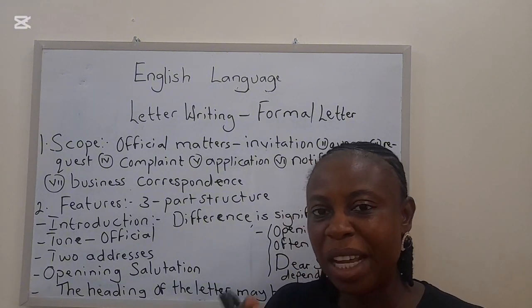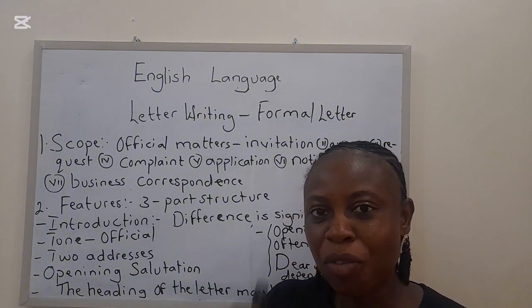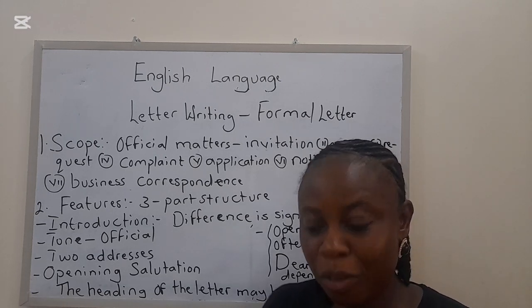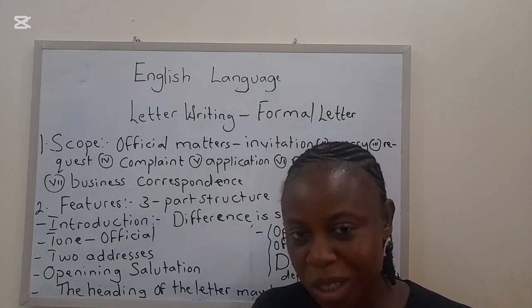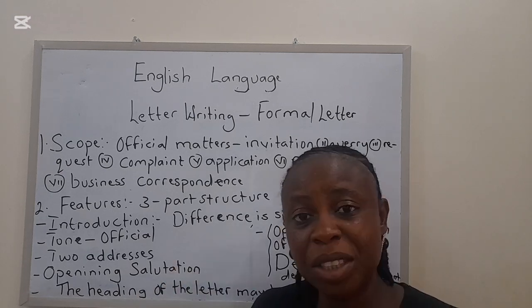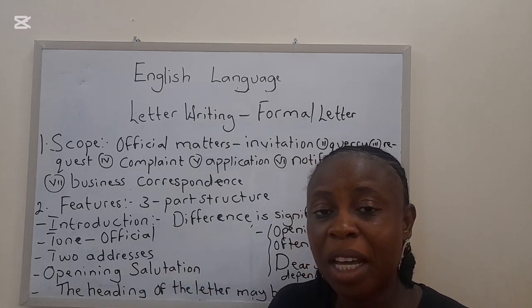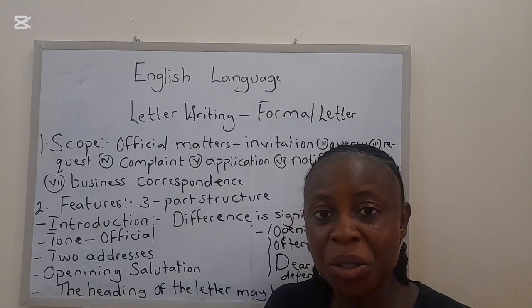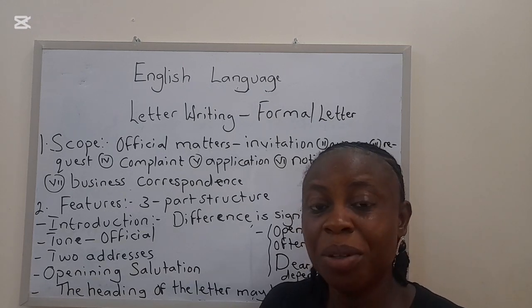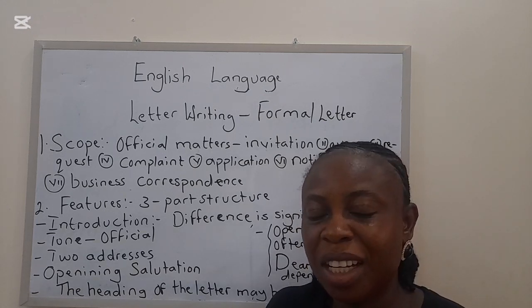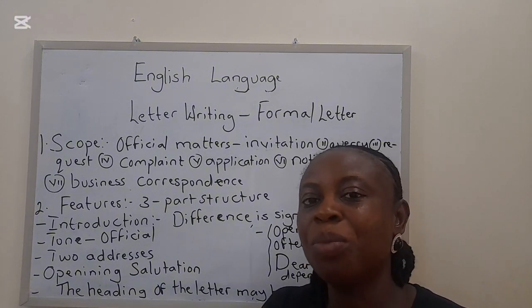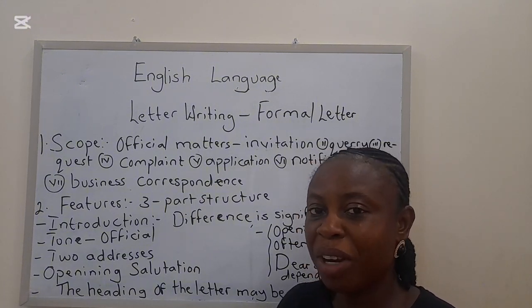How do you know the heading to write? It is from the question given to you in your question paper. If it's a letter written to your local government chairman, or a letter to the head of a corporate organization, or a letter to your governor, or even to the president, from the question, you are able to form the heading, which is very, very important.